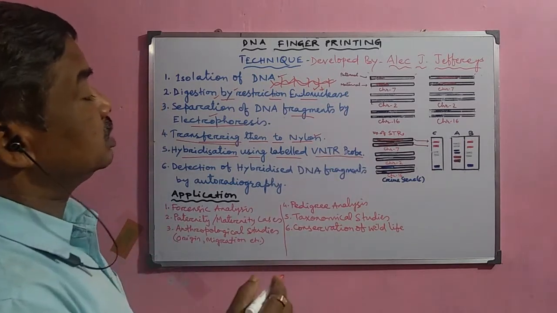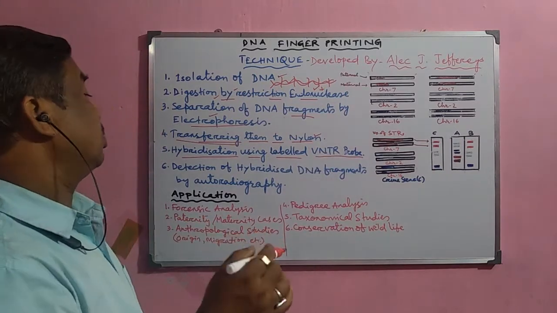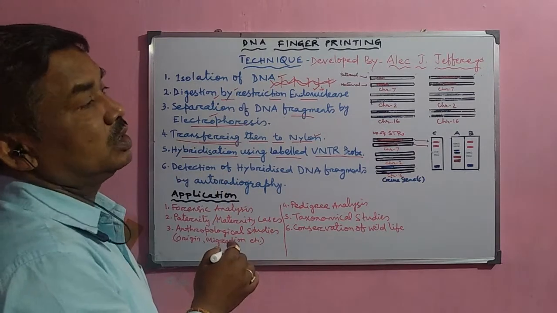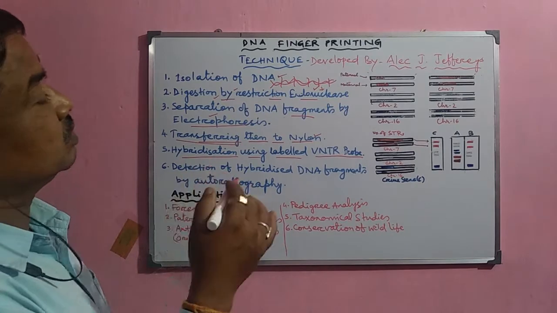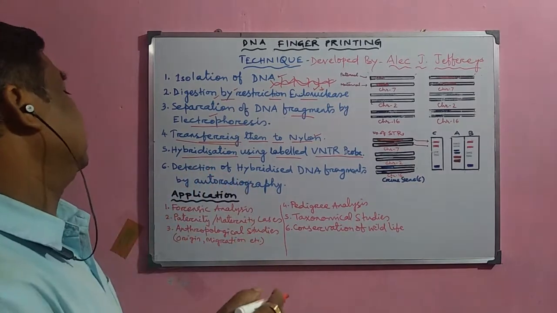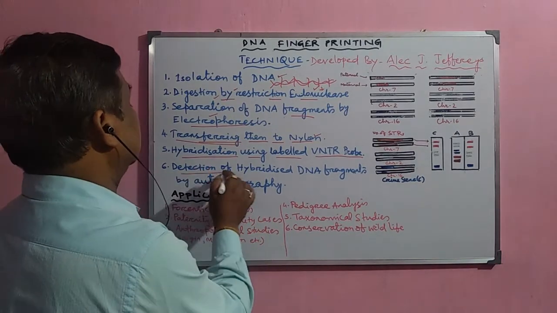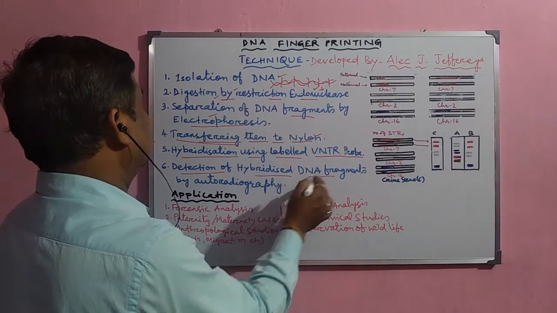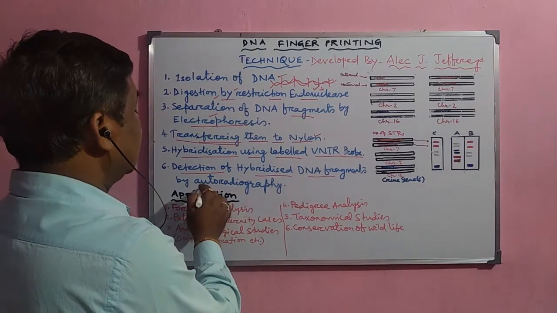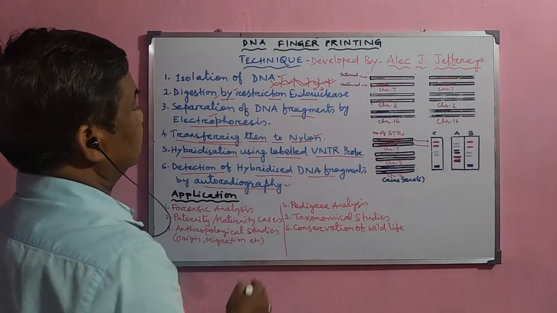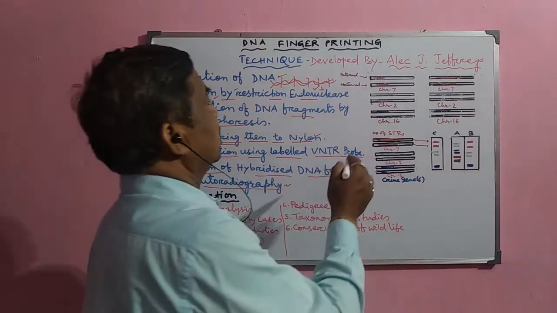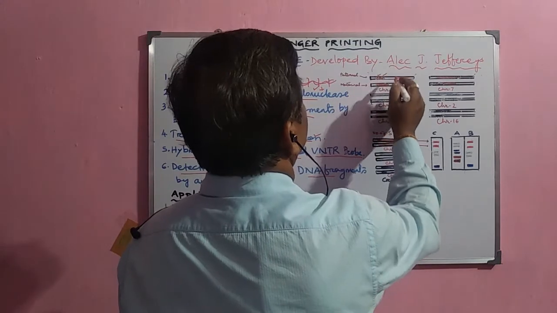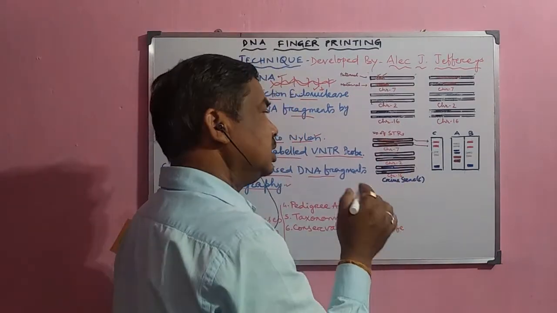Then when the probe binds with them, their sequence is easily identified. After the detection of this hybrid DNA fragment, the autoradiography technique is used, and by this technique it is clearly identified which segments are present there.